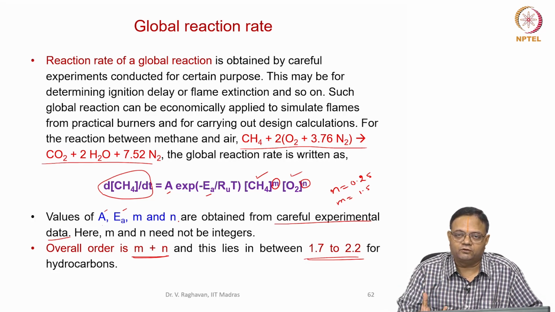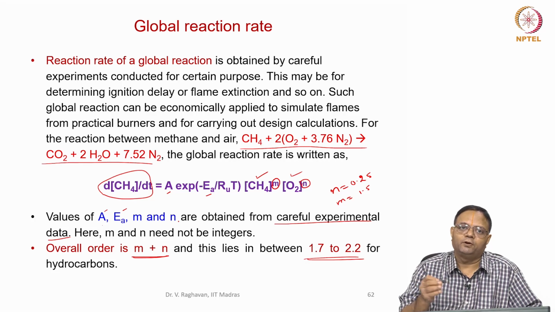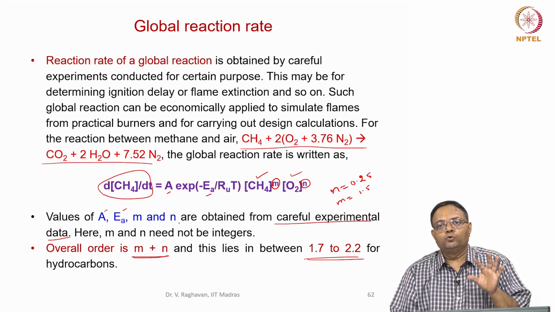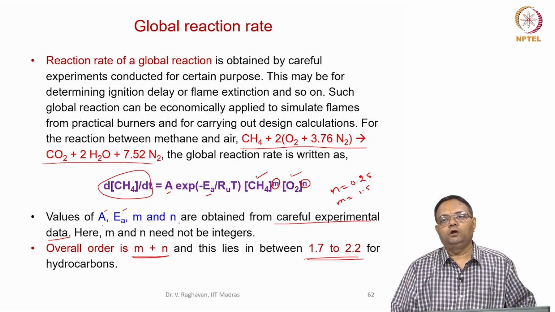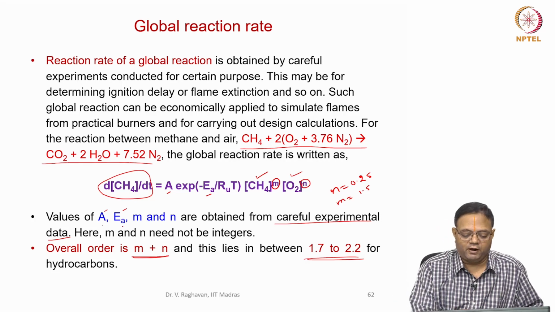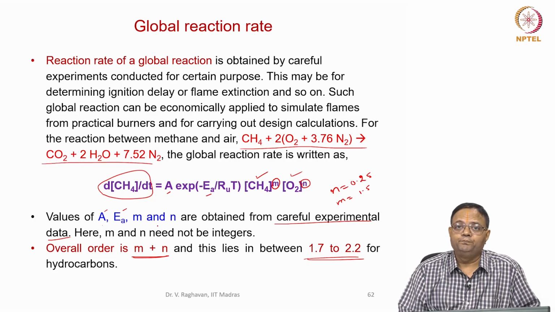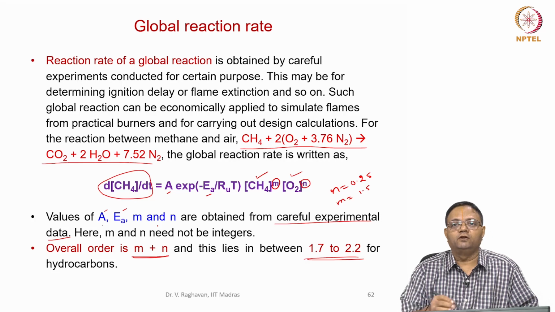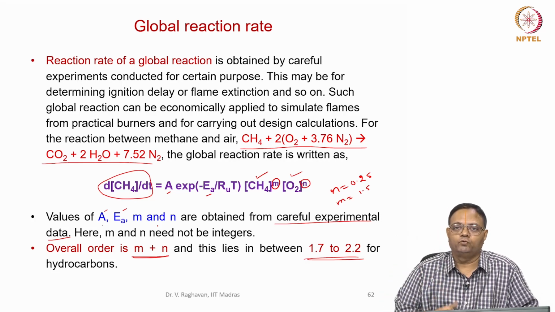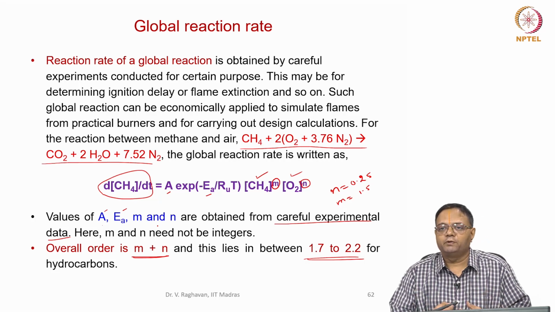If it is a premixed combustion experiment or a non-premixed combustion experiment, the values will be useful only for that particular configuration. For example, if I determine these values for premixed combustion, then I can use them only for premixed combustion. For non-premixed, these values will vary, but the elementary reaction mechanism you get will be useful for predicting anything.